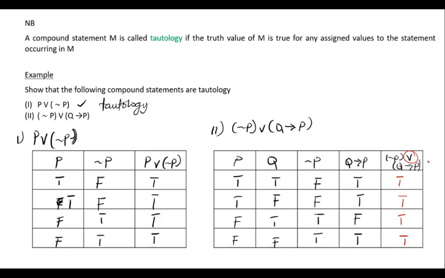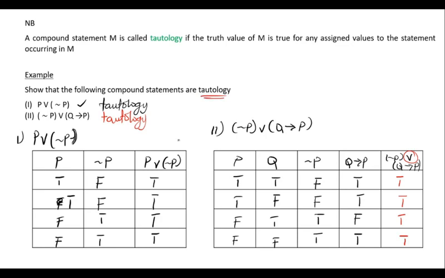Now can we see that the overall truth values for negation of P or Q implies P are all true? Yes, because they are all true, we can also say that this is a tautology, as said by the question.